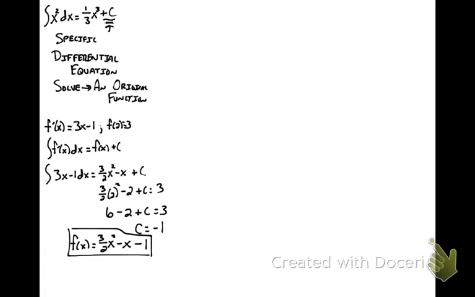Let's consider a few more examples. In this case, f prime of x equals x squared minus 2x plus 2, and we're told that f of 3 is equal to negative 1.